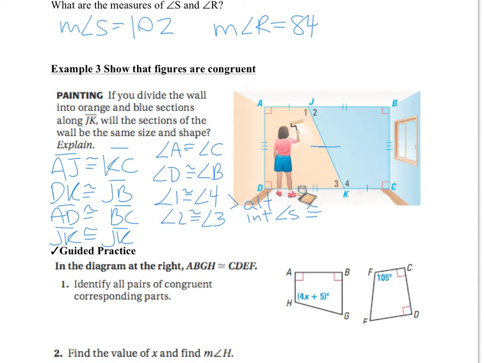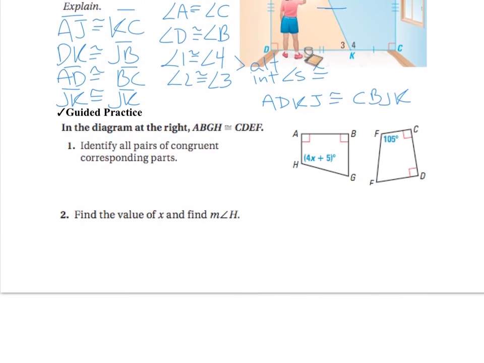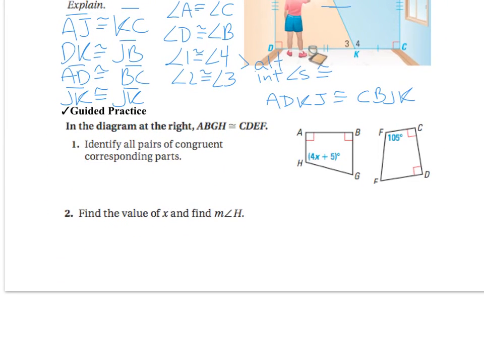So ADKJ will be congruent to CBJK. All the corresponding parts are congruent. Okay, pause the video and try the guided practice.